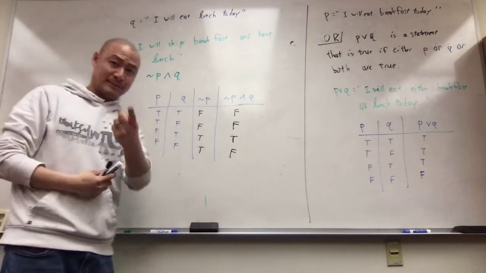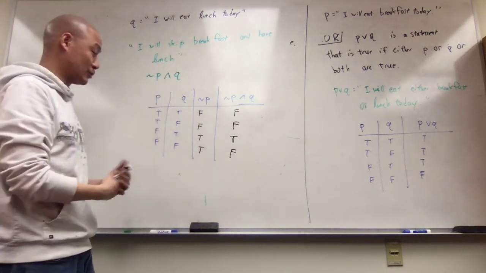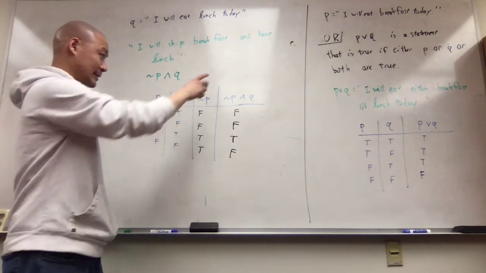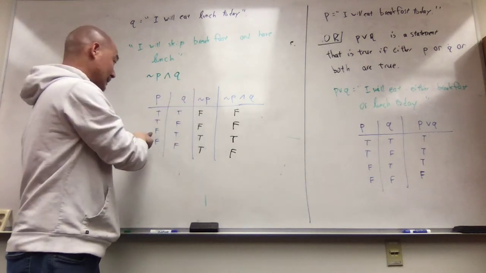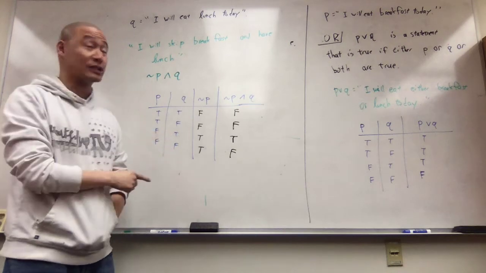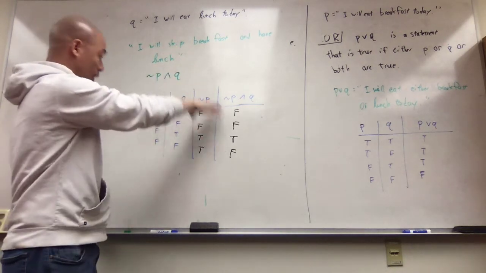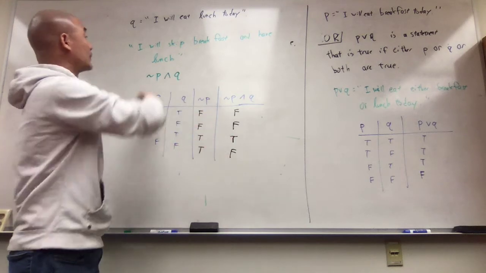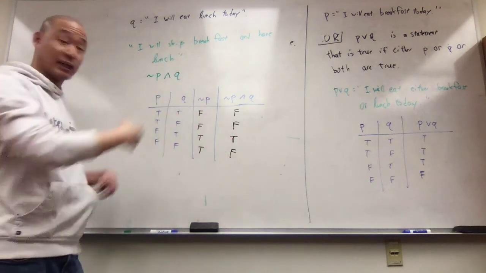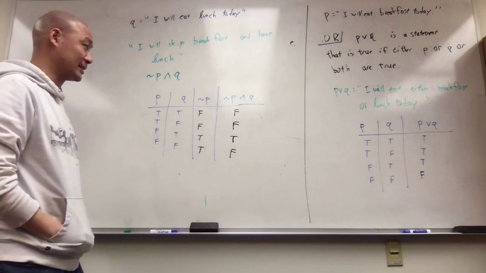So the only circumstance under which this statement could be true is exactly when you've skipped breakfast and had lunch like you said you would, right? So when we work through the logic and when we look through this example, they should coincide. They should both make sense.